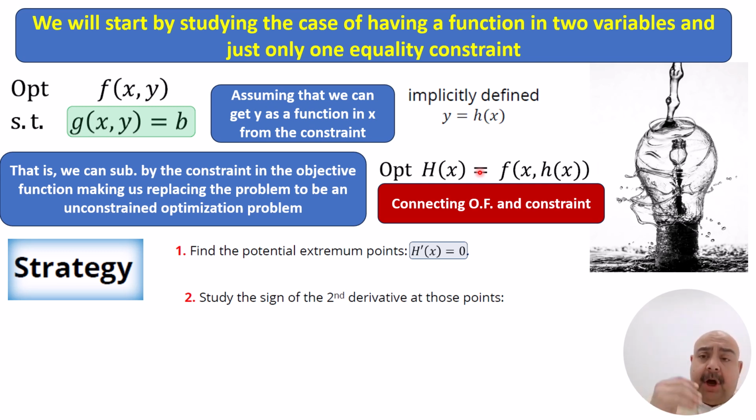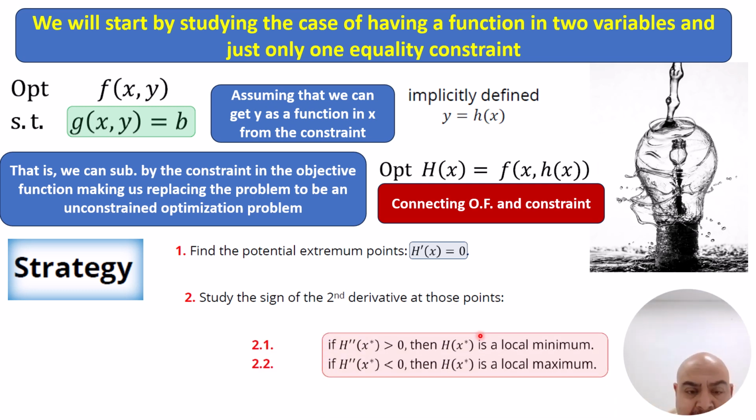Step number 2: trying to classify these points, whether each is a maximum point or a minimum point. That's the study of the sign of the second derivative at those points specifically.